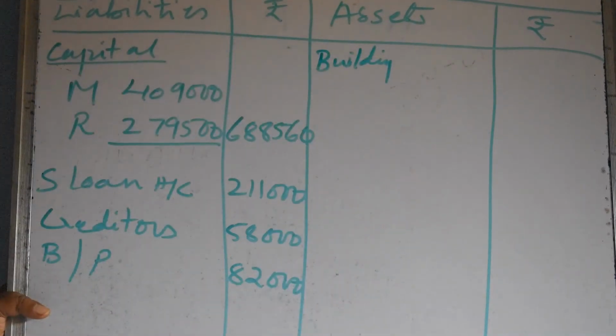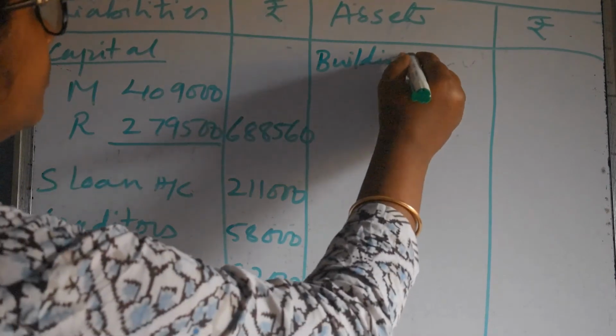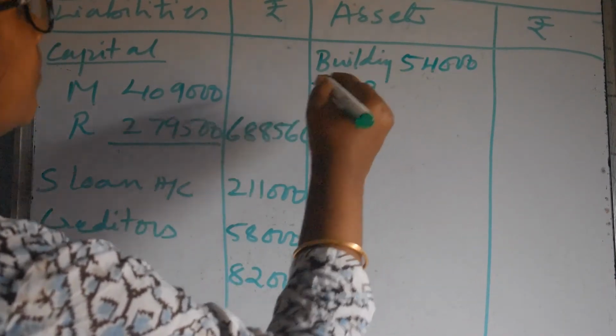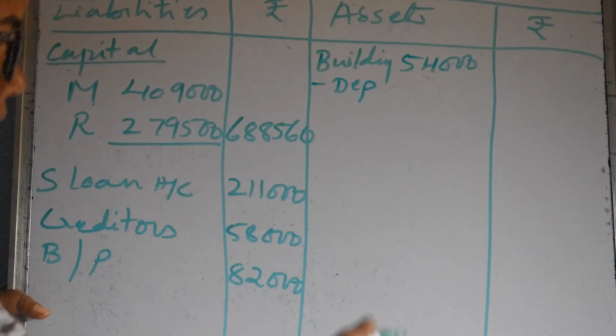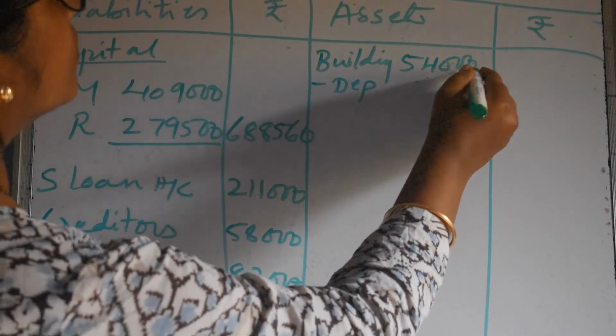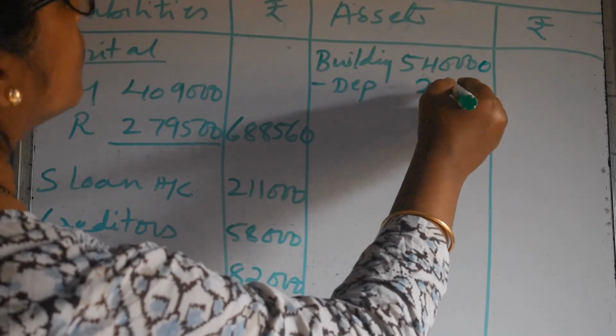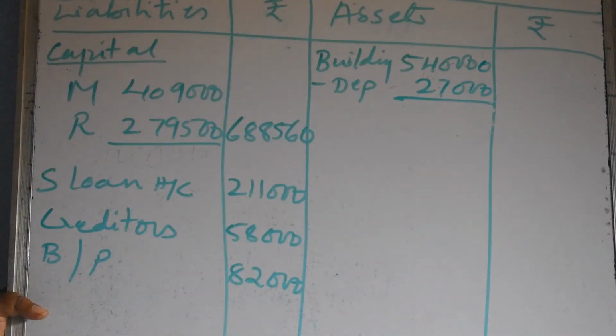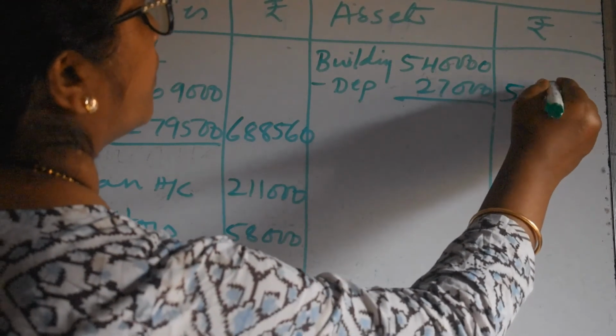with adjustment: 5,40,000 minus depreciation 27,000. Okay. 5,40,000 minus 27,000 is 5,13,000.